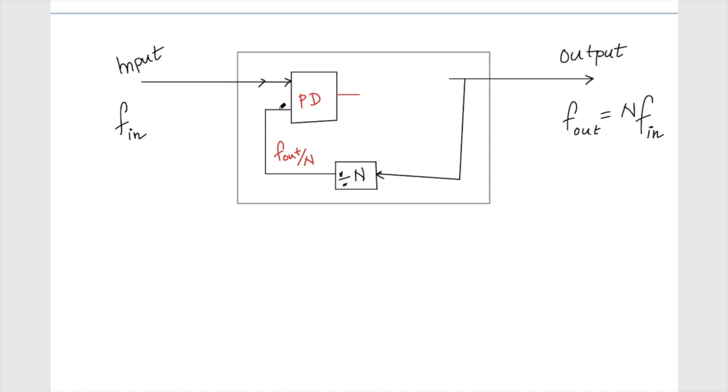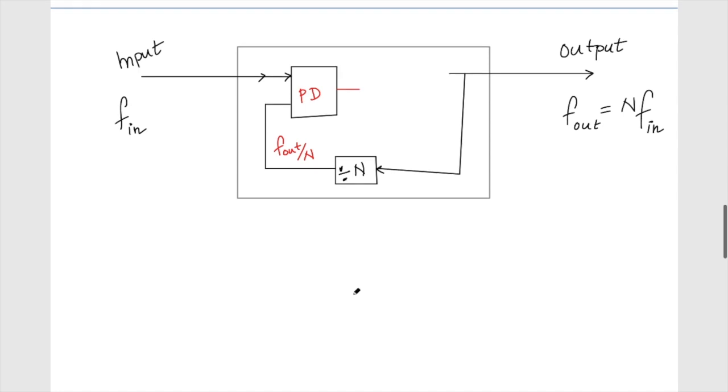For the time being, just try to understand that this PD is trying to compare the phase of these two, and its output will have the information whether the phases are the same or not.